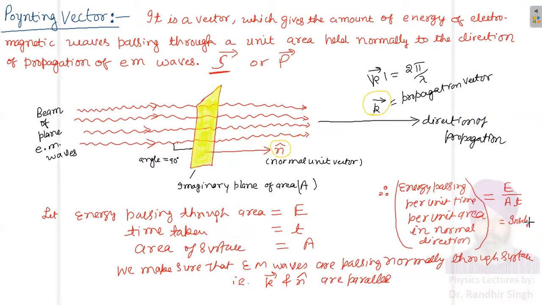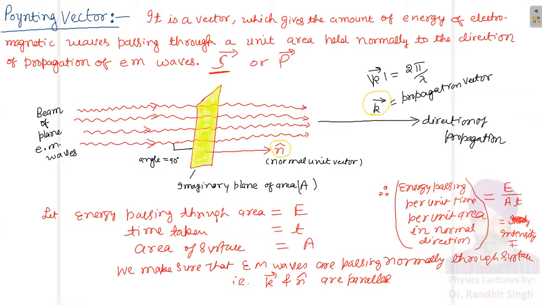Sorry, this is the intensity of the plane electromagnetic waves. We know about this. So therefore, as per the definition, the Poynting vector will be this quantity. We can use the symbol capital I for intensity.